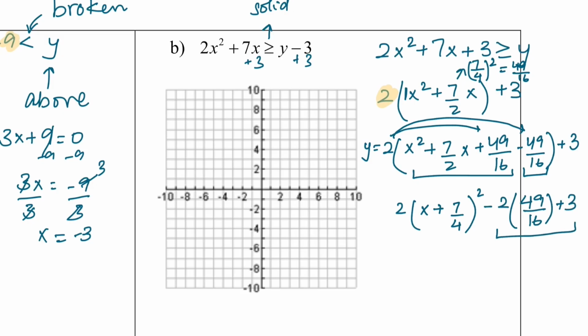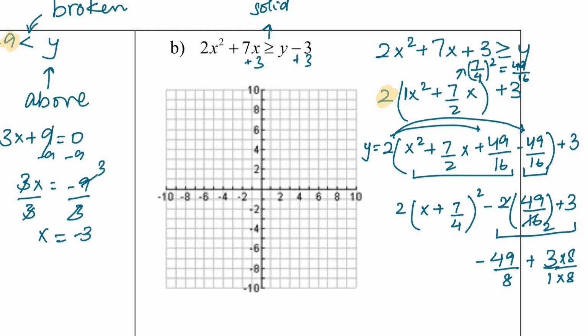Simplify this because they're like terms, so I have negative 49 over 8 because 16 divided by 2 is 8, plus 3. Because it has a denominator of 1, let's multiply and divide it by 8.